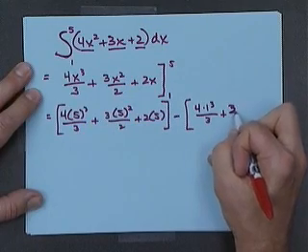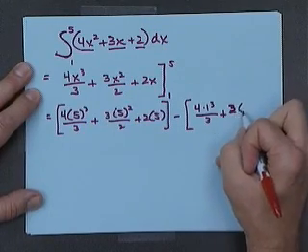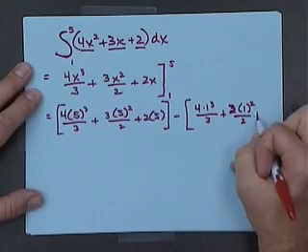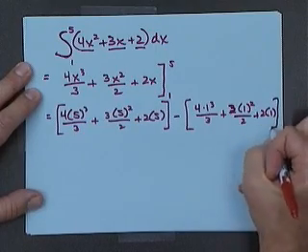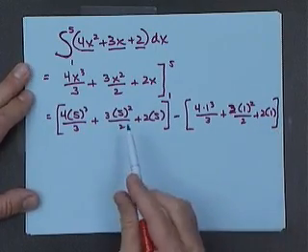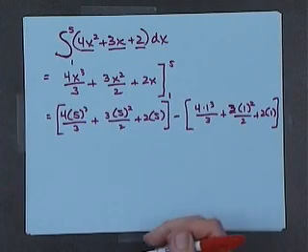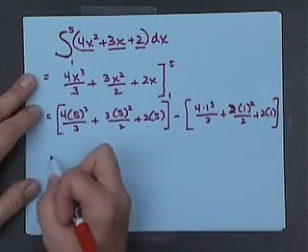Sorry, that should be a 3. So we are 3 lines into this problem. We're already doing arithmetic, so the calculus is over much, much quicker than the other process.